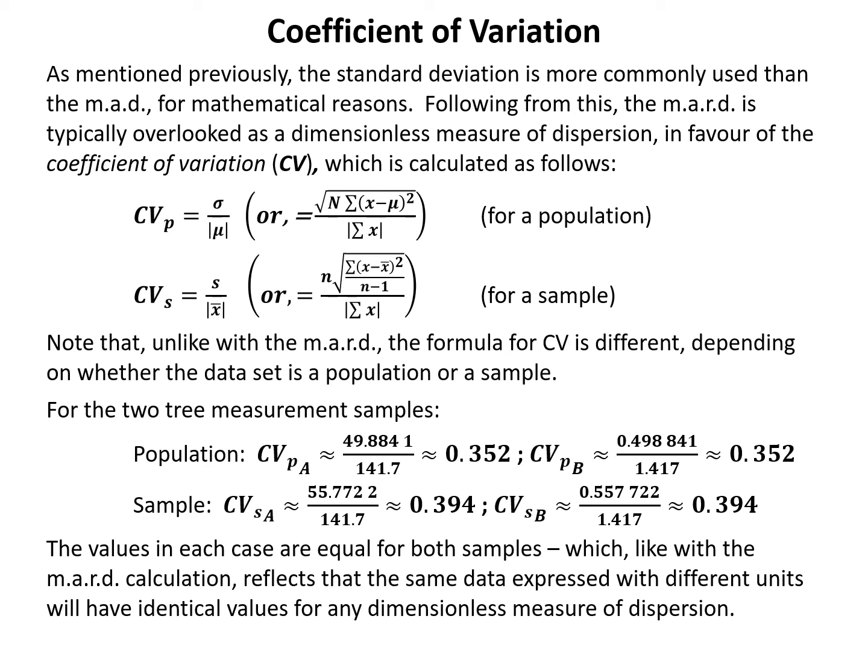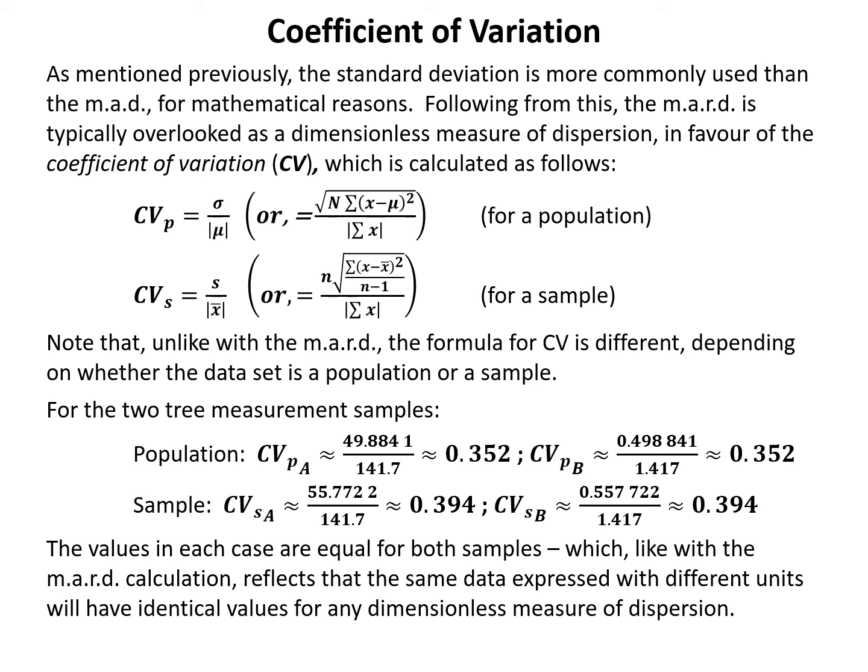So if these are taken to be populations, we get the CVP of sample A is 49.8841 divided by 141.7. Notice here we use the version where we keep an extra 2 decimal places of accuracy. So 49.8841 divided by 141.7, which rounds to 0.352. And for the second data set B, the CVP would be 0.498841 divided by 1.417, which equals 0.352.